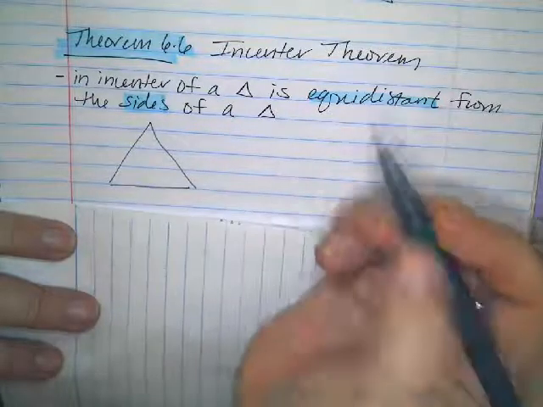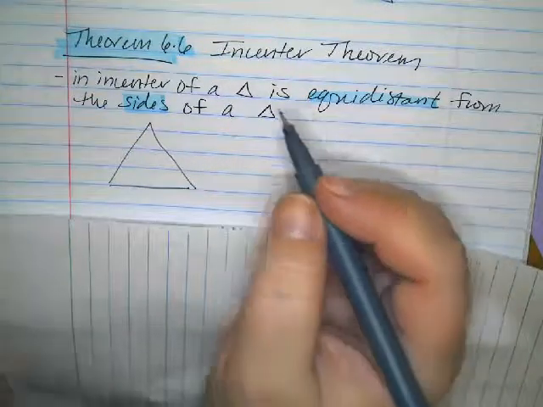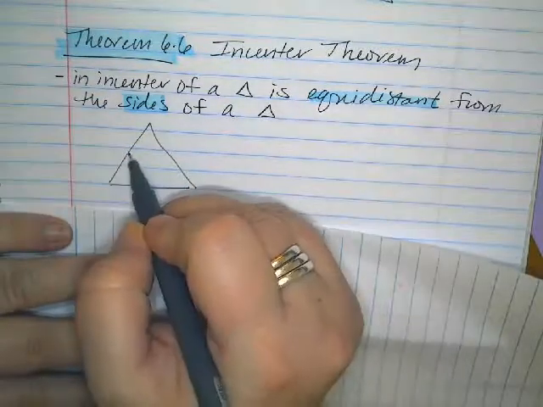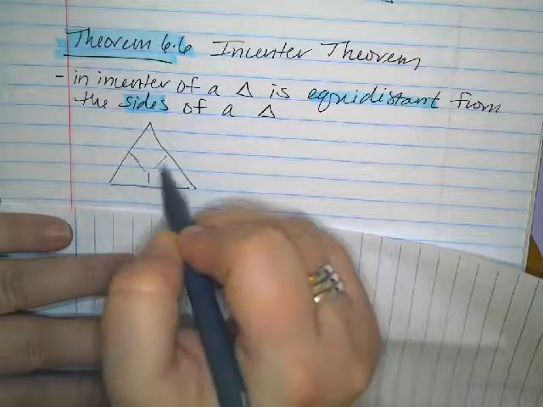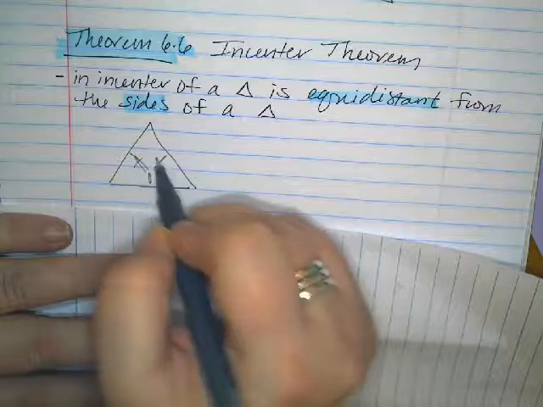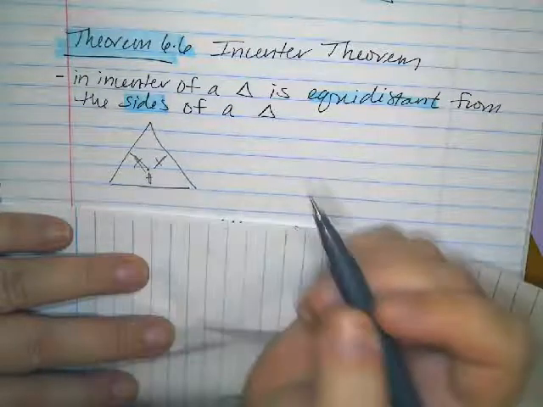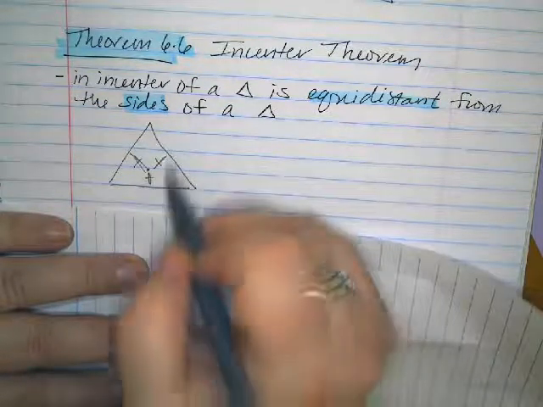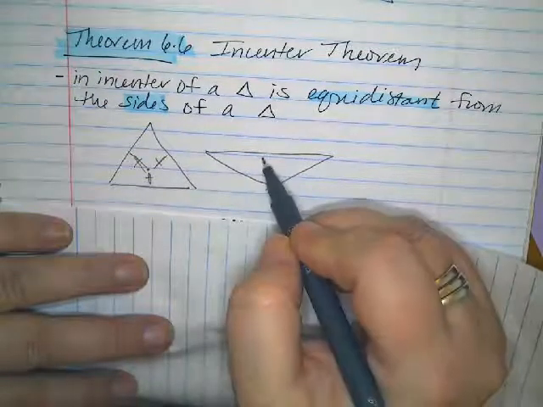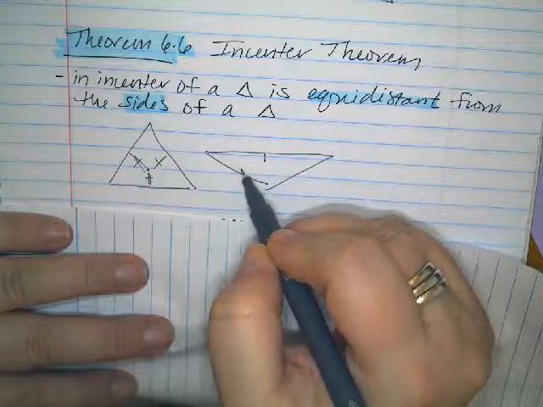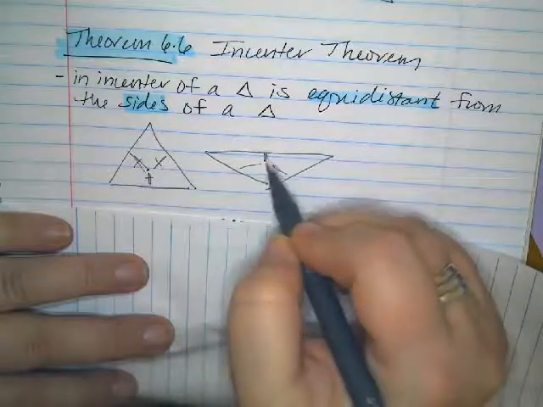I'm sure my picture isn't going to be super awesome, but they're saying that the distance from this side to this side to this side would all be the same length to find my in-center. And it's not always going to look exactly like this. I should maybe draw a different triangle. But it's the same distance from here to here to here.